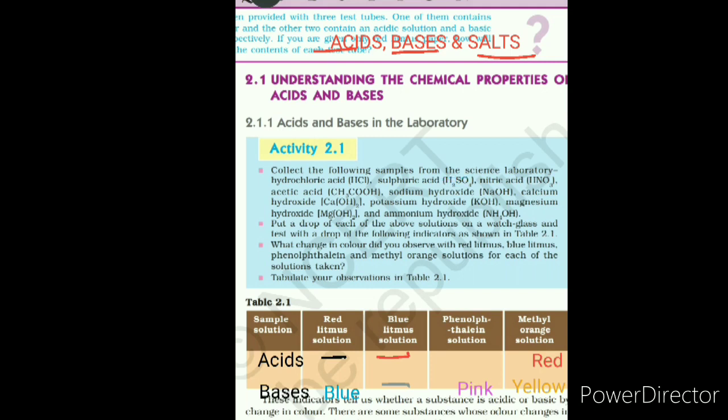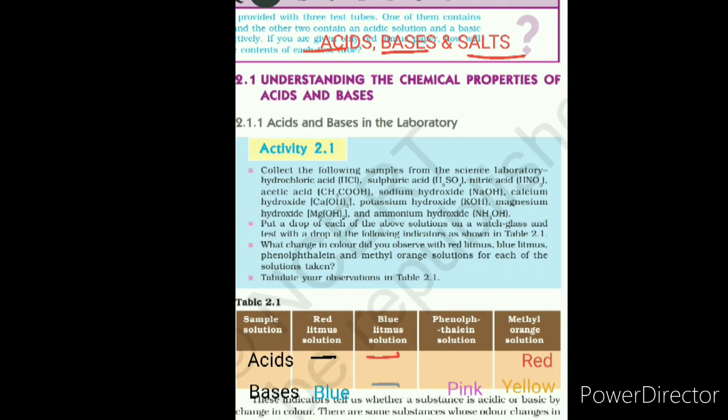Similarly, with sulfuric acid, nitric acid and also acetic acid, when we test the red litmus paper, the color of the red litmus paper does not change. It remains as it is. But when we test with blue litmus paper, the color will become red.